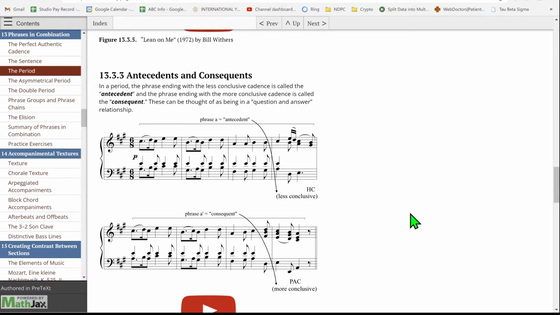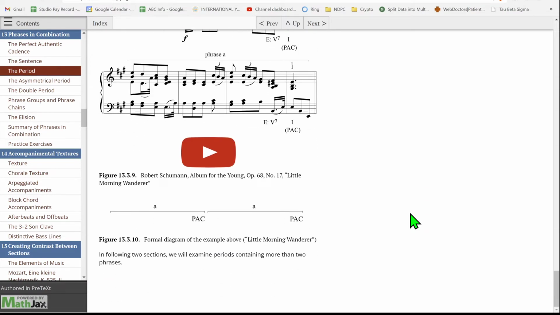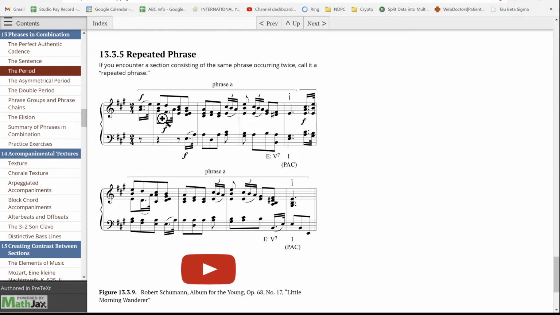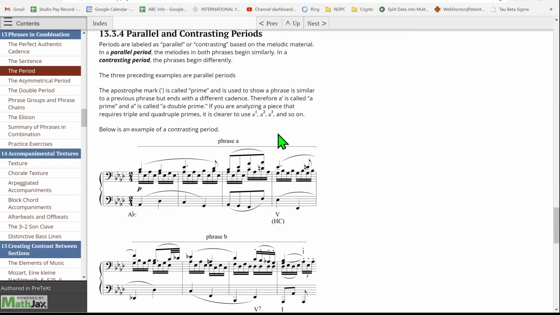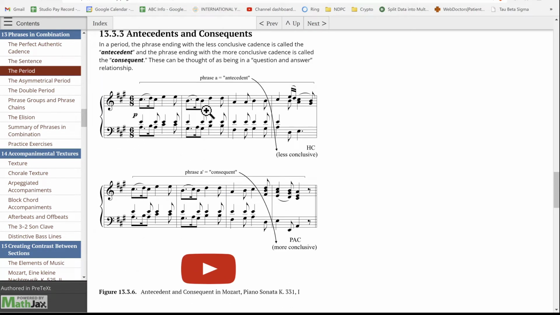Now, you can have multiples, like more than just 2 phrases, okay? Or even, you might have antecedent, antecedent, consequent. They don't have an example of that here, okay? But that would be like basically, you've got 3 phrases, right? For example, I could turn this into it, right?